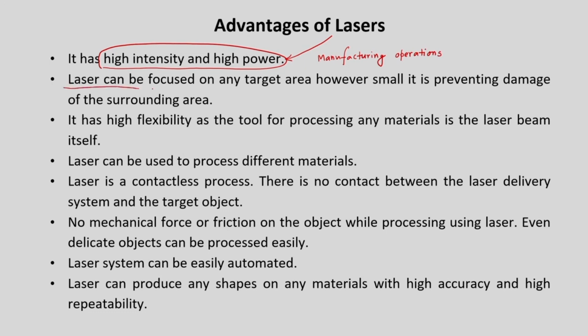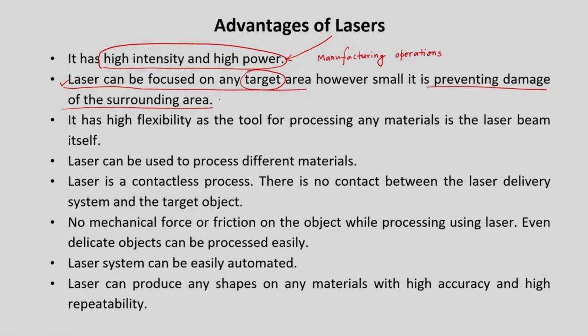We have seen that lasers can be focused on a target area, and it is preventing damage to the surrounding area. So, wherever we want to have the processing, that much portion will be targeted by the laser, and it is not harming or damaging the surrounding area.